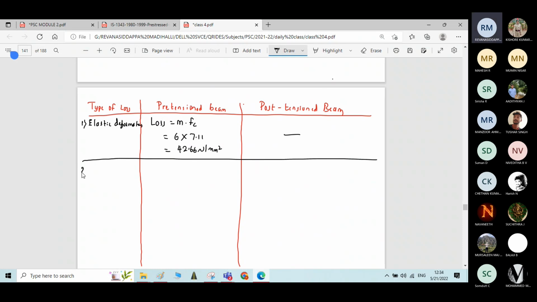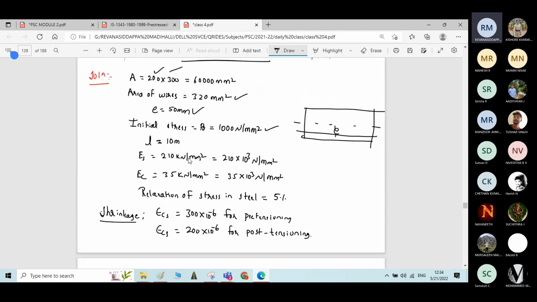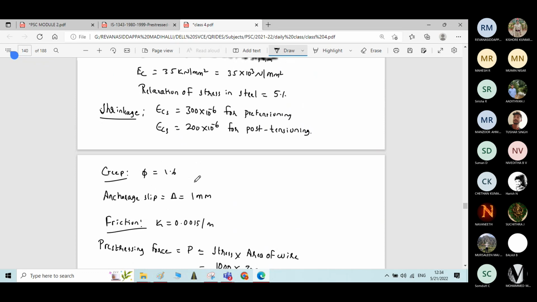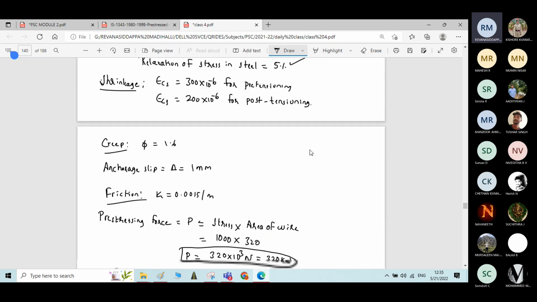Next, the second type of loss is loss due to relaxation of stress in steel. The percentage of relaxation of stress is given in the data: 5% of the initial stress.